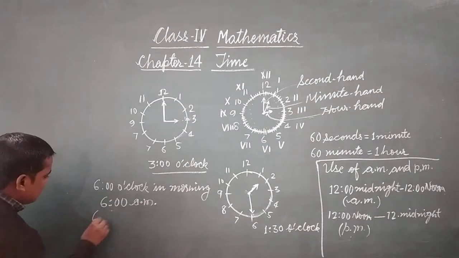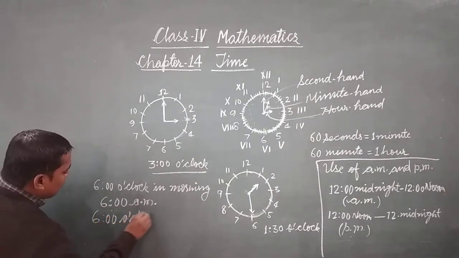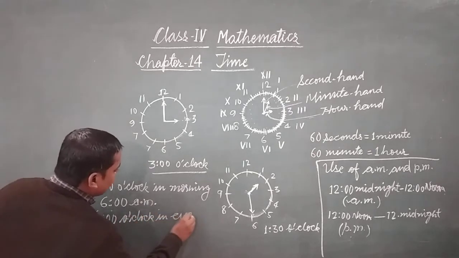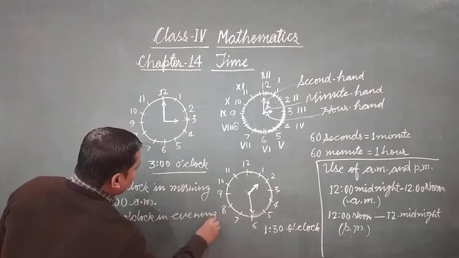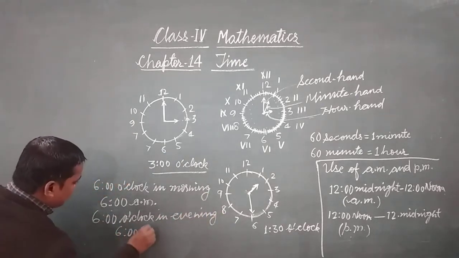And if it is 6 o'clock in evening, it means 6 PM.